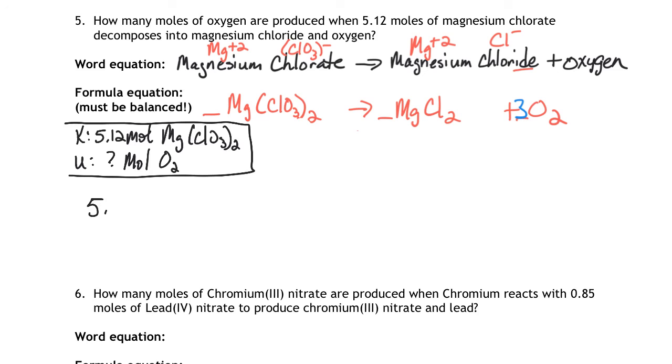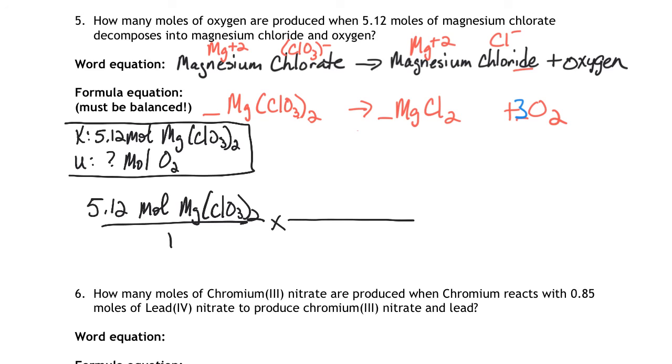I've got 5.12 moles over 1. So I've got moles of magnesium chlorate on the top, so I better have moles of magnesium chlorate at the bottom. And I go up here and I see my coefficient for magnesium chlorate would be 1 mole. I need to find oxygen. So I look over here and I have 3 moles of oxygen.